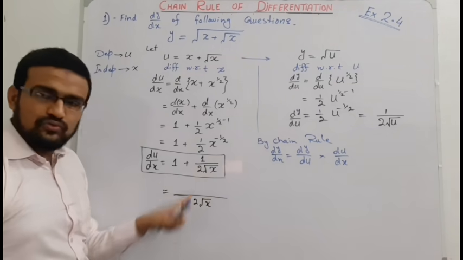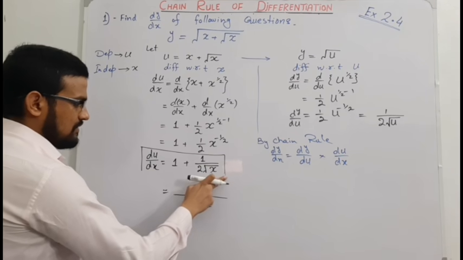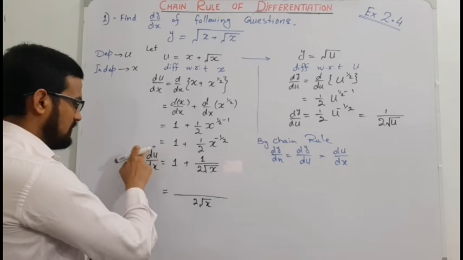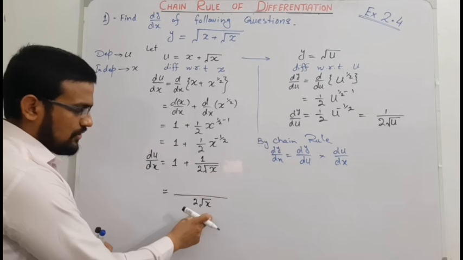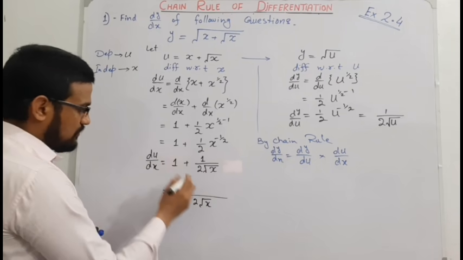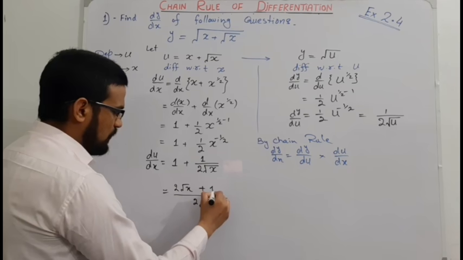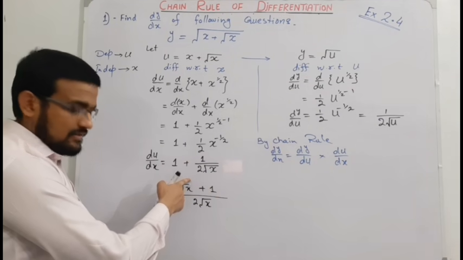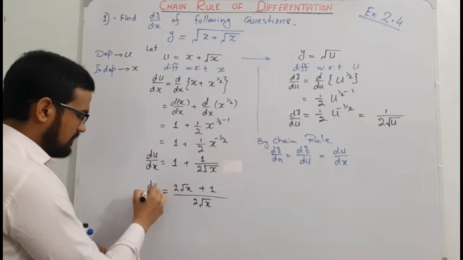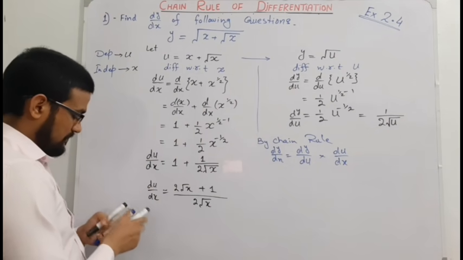Take LCM 2 square root x. Two square root x is LCM, and it multiplies with 1, so it means 2 square root x plus 1. Both are results.